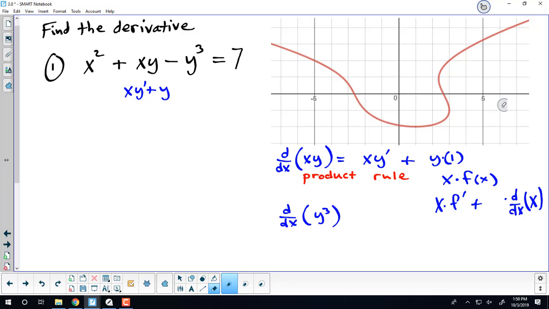So we don't know what that y is. It's just like an unknown f of x. So when we take the derivative of it, we just have to take the derivative of it symbolically because there's nothing explicit there to take the derivative of. So we should just use that.